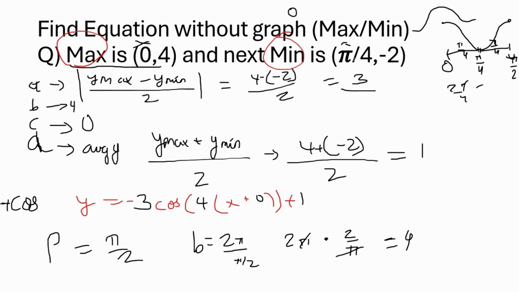So our c value changes from 0 to pi over 4, and our new equation with a negative cos becomes 4 times (x, and you flip the sign, minus pi over 4). So that's what you do for finding equations. Okay.